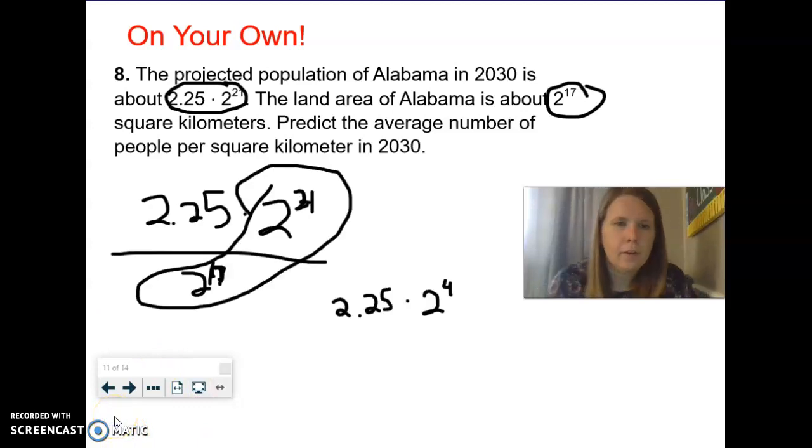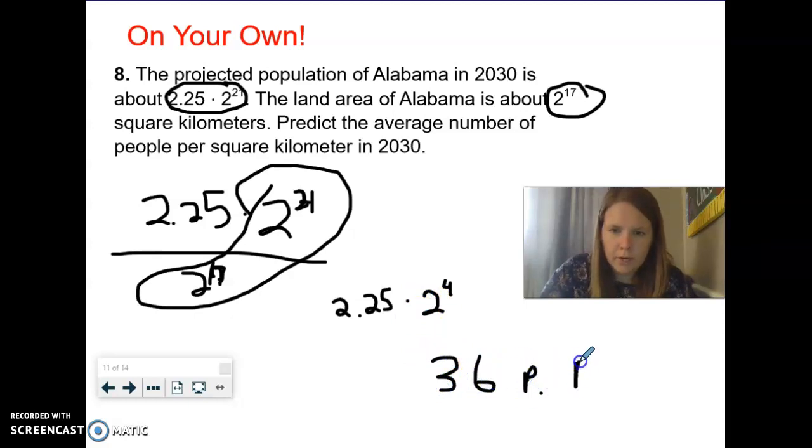All right, thanks for coming on back. So I just took that 2.25 and multiplied it by that 2 to the 21st, and then I'm dividing it by the 2 to the 17th. So simplifying this, 21 minus 17 gives me 4, so I'm going to start with that. So 2 to the 4th, okay, is 16, multiplied by that 2.25, and I get an answer of 36, okay?